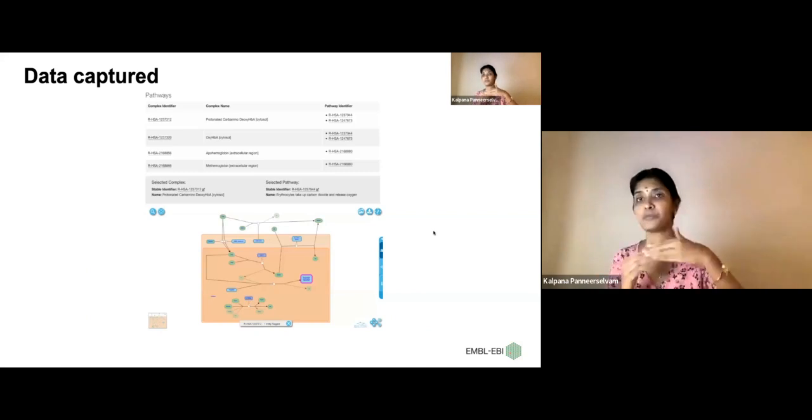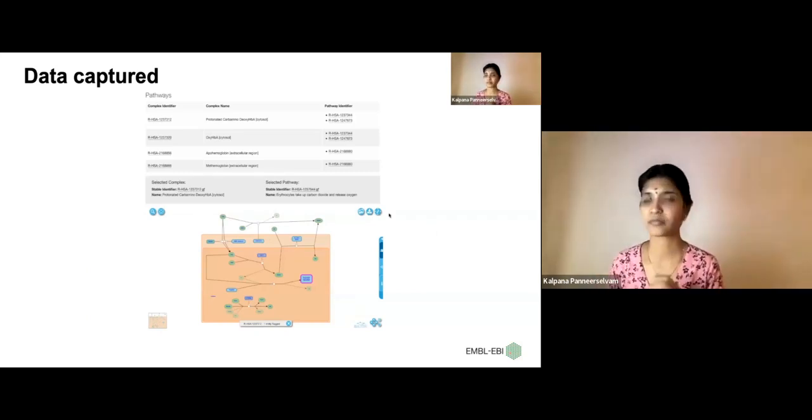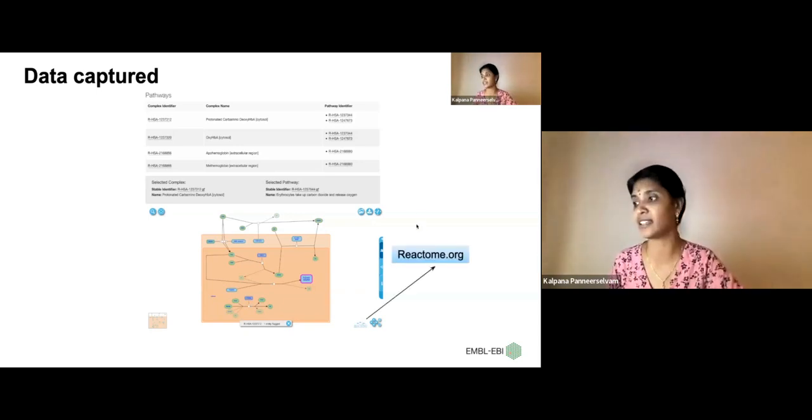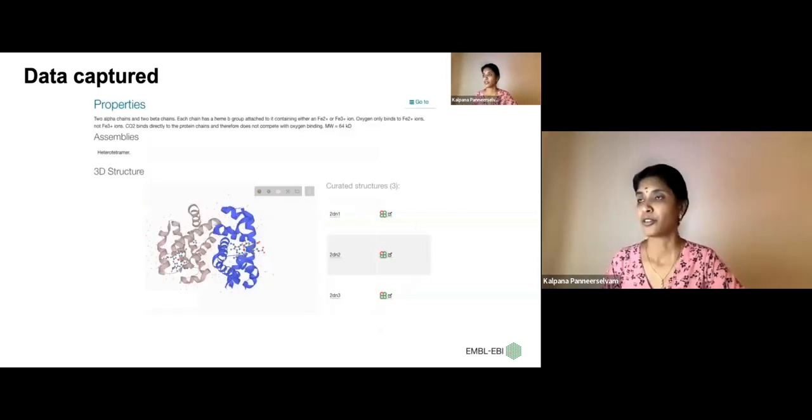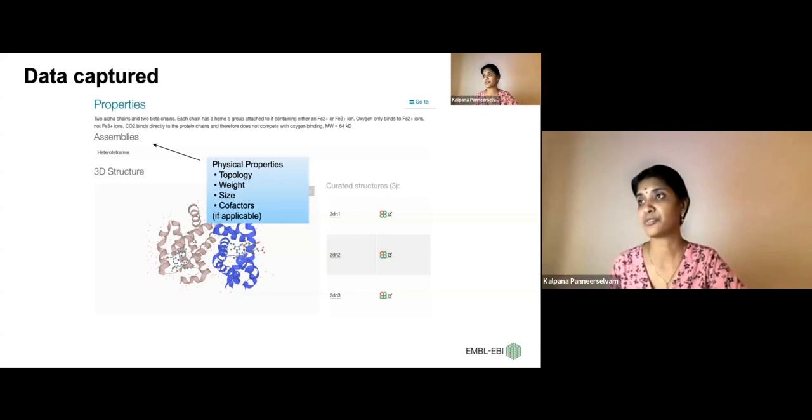Then you'll also be able to connect your complex with pathways. Right now we have connected with Reactome pathways, and you can see the widget and the link to the corresponding pathway at Reactome.